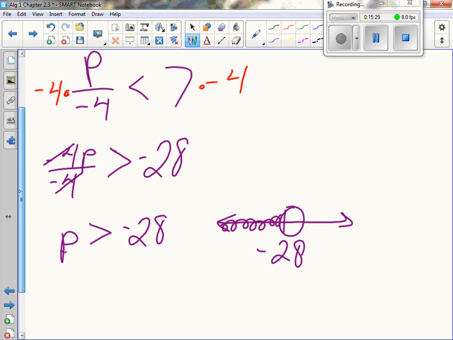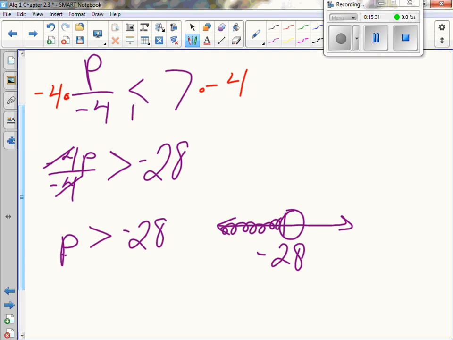So again, when we multiply or divide by a negative, it was less than, but because we divided by a negative, it had to flip from less than to greater than. Anytime we multiply or divide by a negative, we have to flip the sign from less than to greater than, or from greater than to less than.